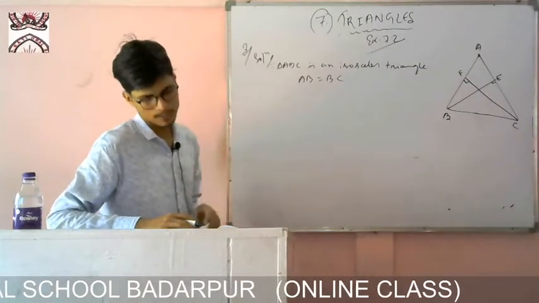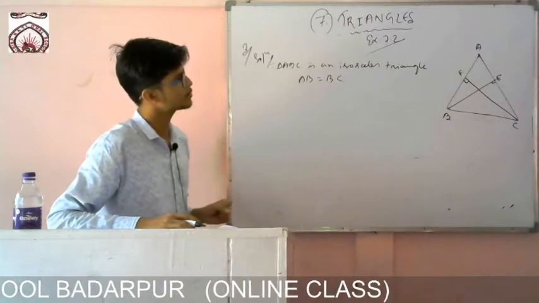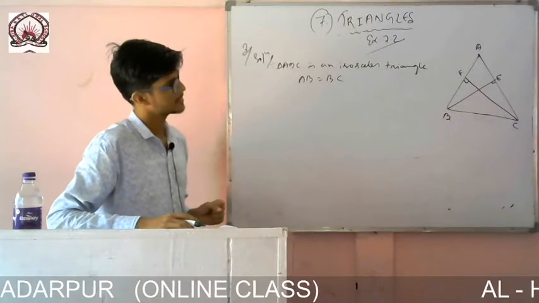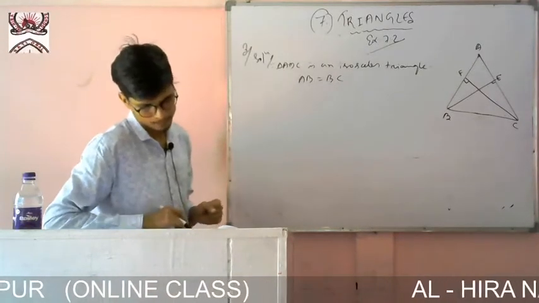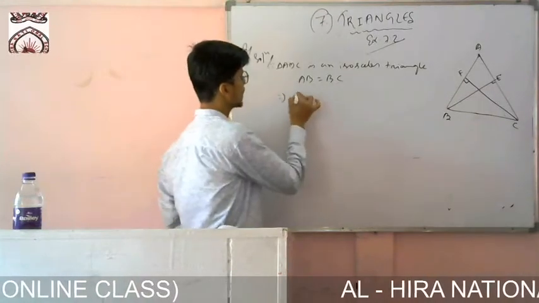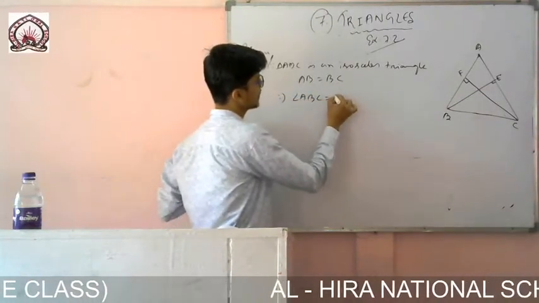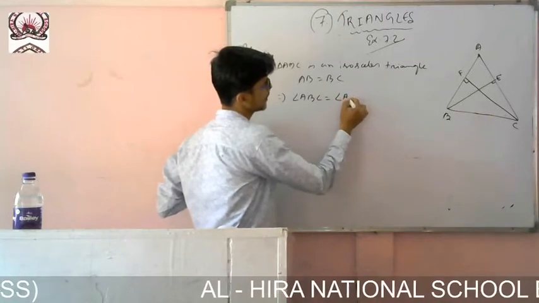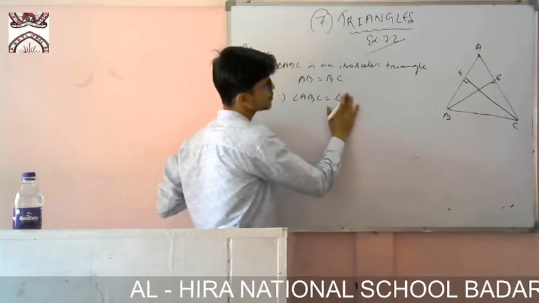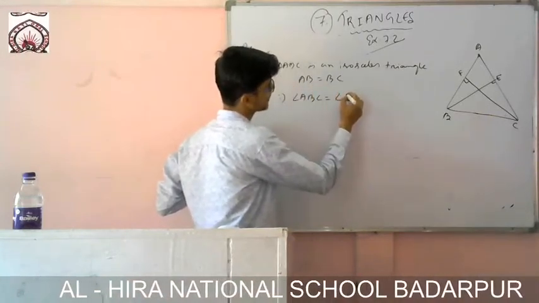If AB is equal to BC, then their corresponding angles will also be equal. That is, angle ACB will be equal to angle ABC.